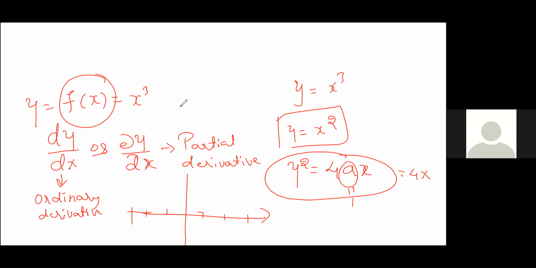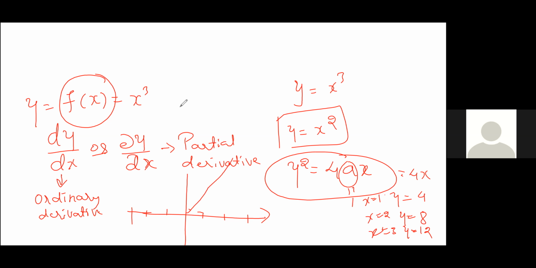If x equals 1, y will be 4. For x equals 2, y will be 8. For x equals 3, y will be 4 into 3, which is 12. Correct. So at x equals 1, y is 4, and it will be like this.